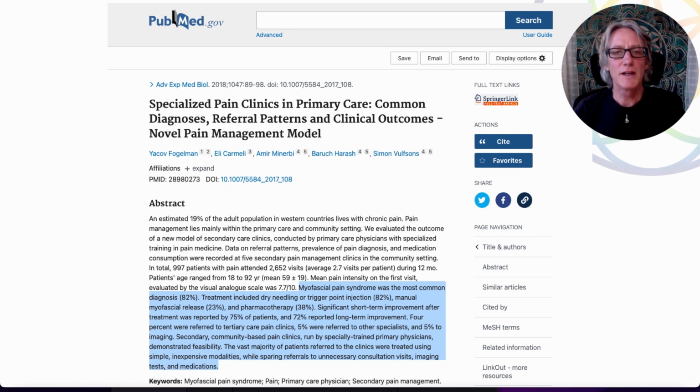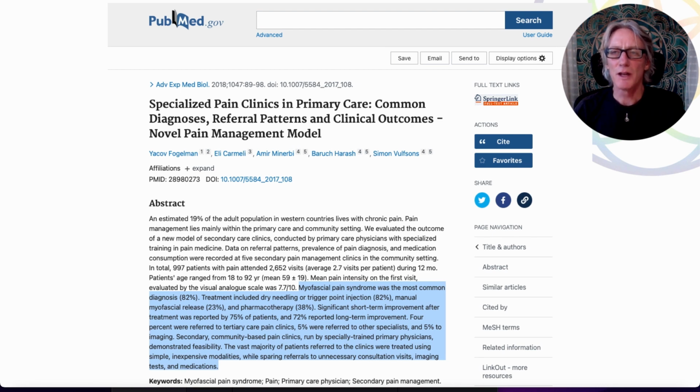Treatment included dry needling or trigger point injection, 82%, manual myofascial release, 23%, pharmacotherapy, 38%. Significant short-term improvement after treatment was reported by 75% of patients, and 72% reported long-term improvement. So those are astounding statistics, because most doctors don't recognize trigger points or know anything about trigger point physiology.